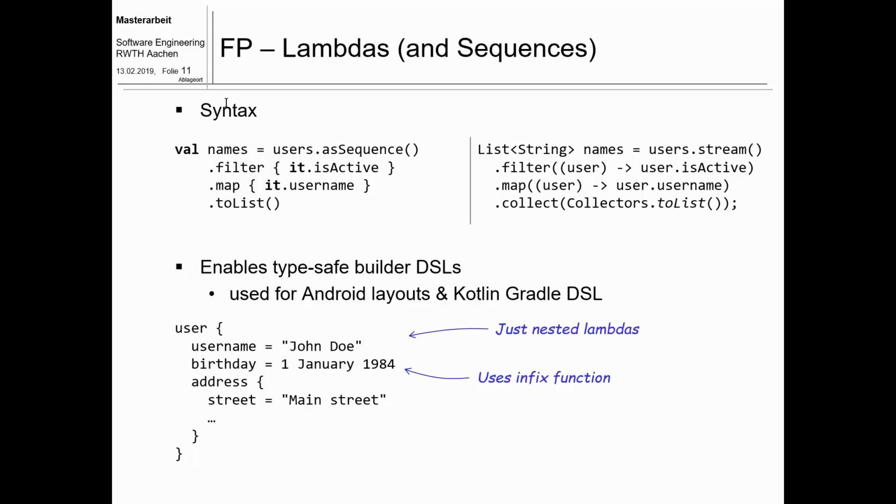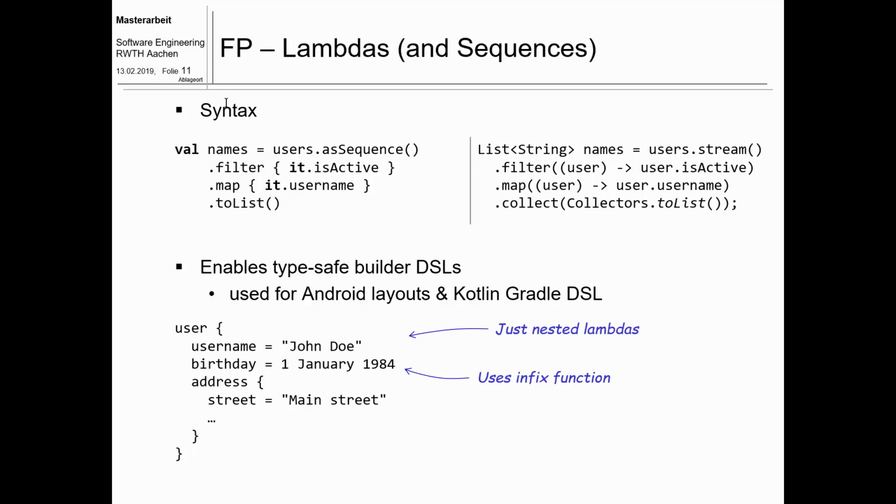And then also you can see we have this implicit variable called it. And this only works if a lambda expression only has a single parameter. Then you can use the it as an implicitly named argument. So you could also give this any name you want and then write an arrow similar to how Java does it. But you can also abbreviate the code and just use the it name.